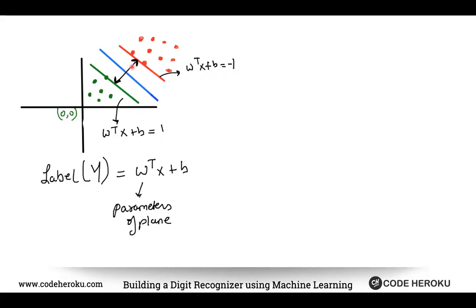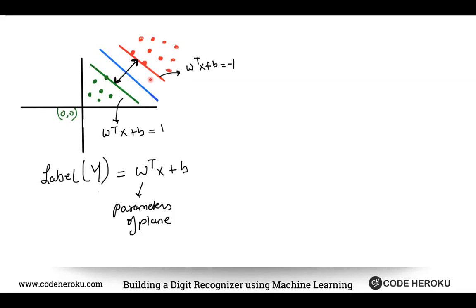It is trying to spread its hands until it reaches the red point over here and the green point over here, and then adjust itself right in between those two points, right? So that it is equidistant from both of these classes. This is what the support vector machine tries to do.